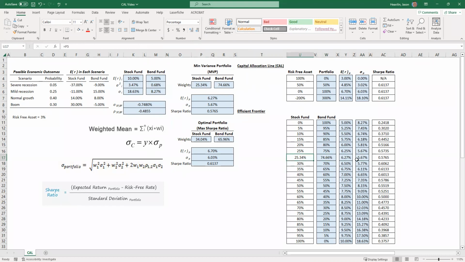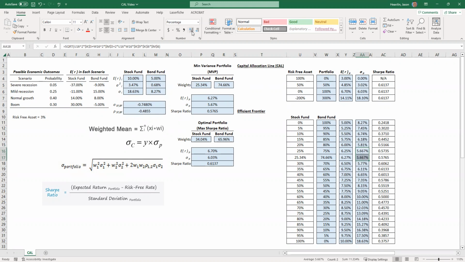So what happened? Now that we have the weights of the minimum variance portfolio located where it belongs in between those two, we can see that the number is very similar to this one because they're so close together.